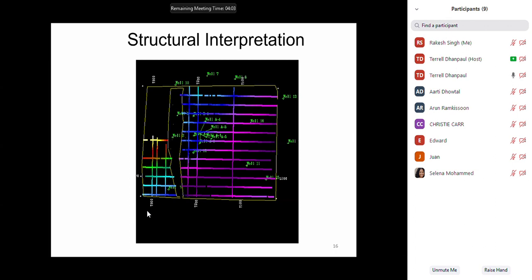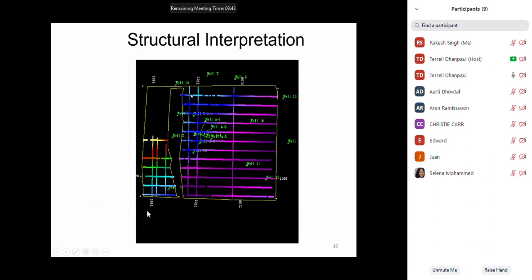And how do you interpret really? Let's say this black area here, with some wells, is your lease. These yellow lines are like a polygon you use to define your interpretation.